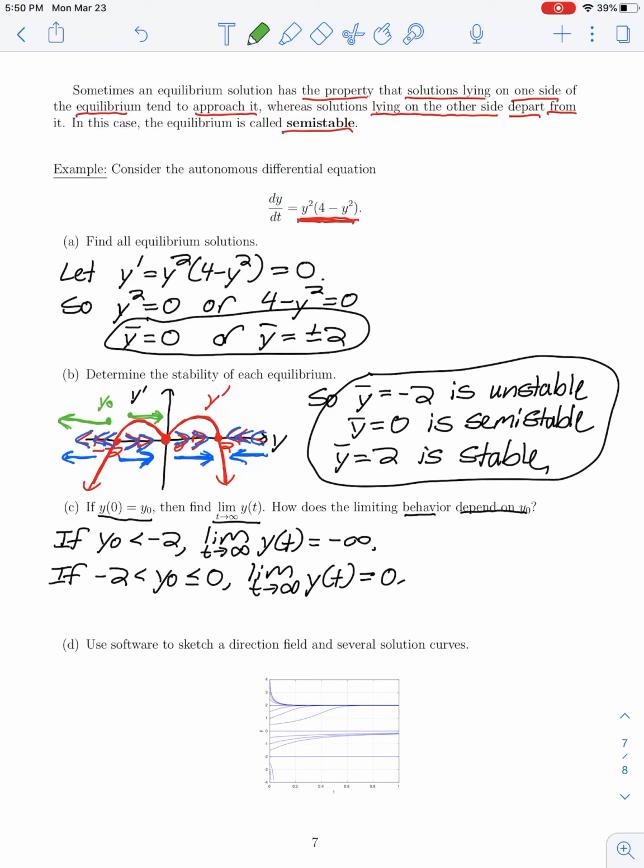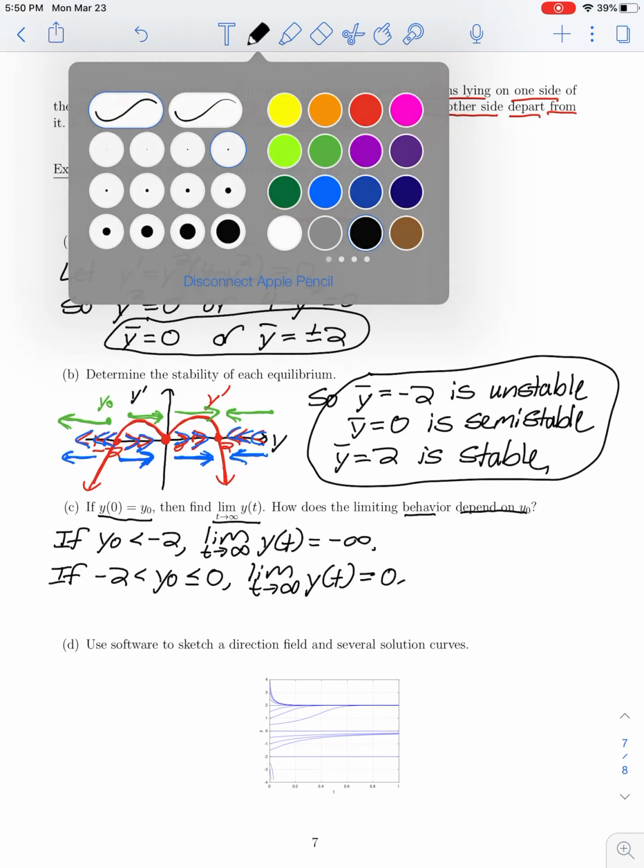Now we see if we were to choose anything greater than 0, regardless of what side of 2 I lie on, for any positive value of y naught, I would be closing in on 2.